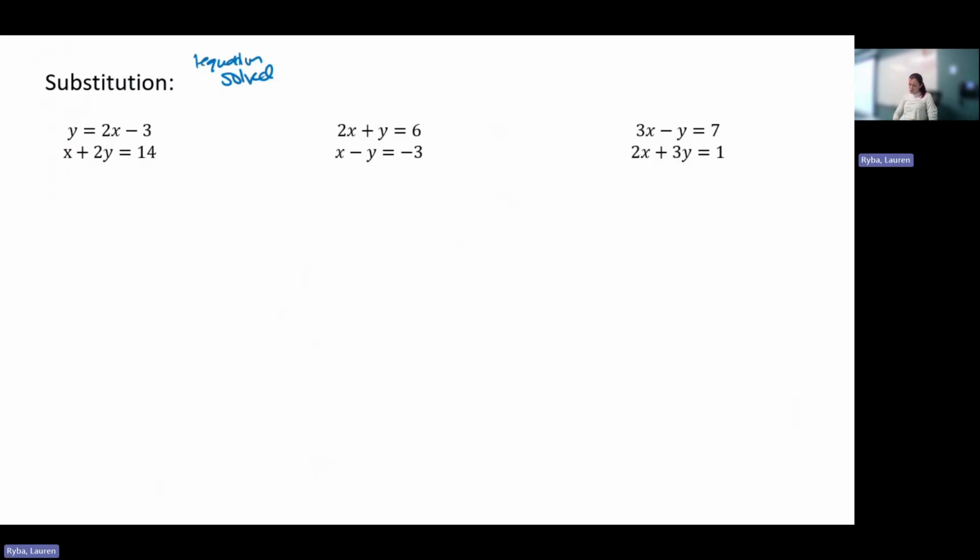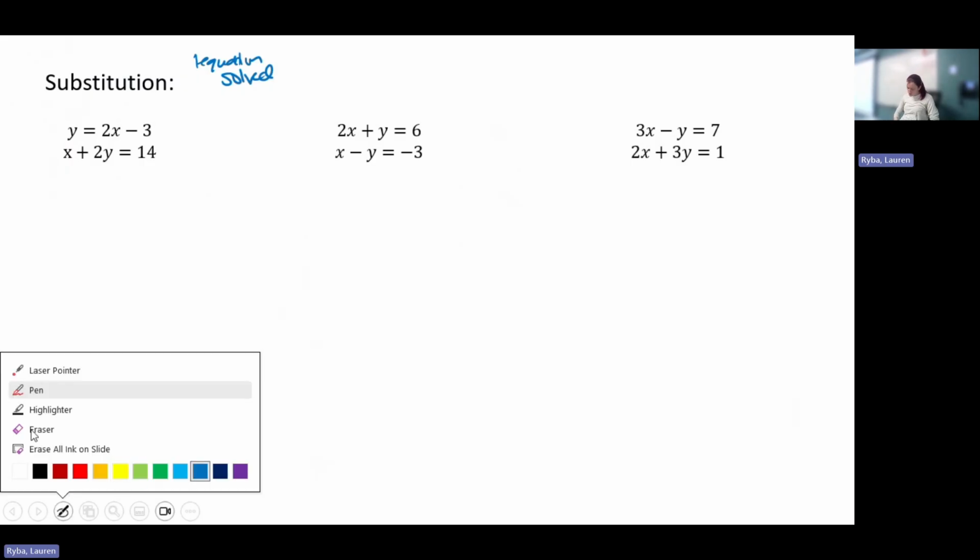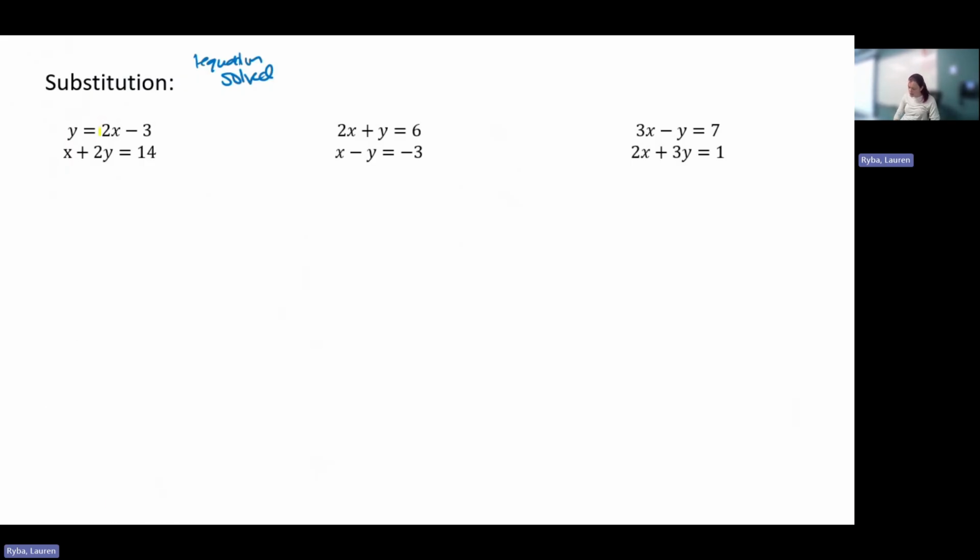Okay, so with substitution, we want to have one equation solved for a variable. If that is solved for a variable, so here, y equals 2x minus 3. I can take that 2x minus 3 and I can put it in y to the other equation because it's telling me that is what y equals.